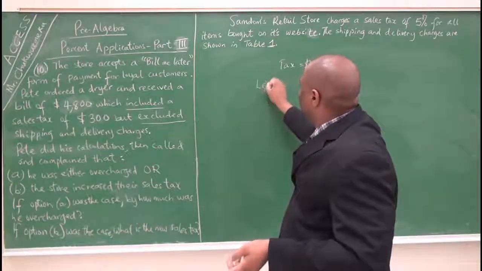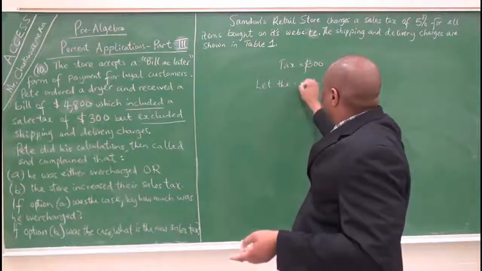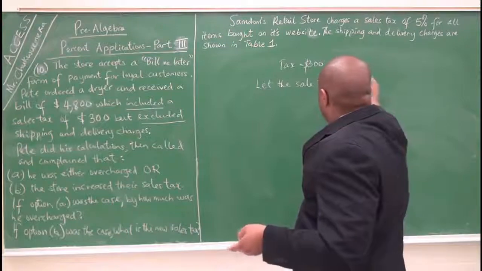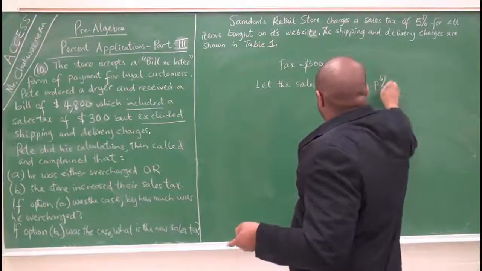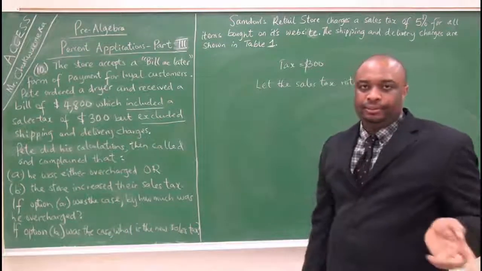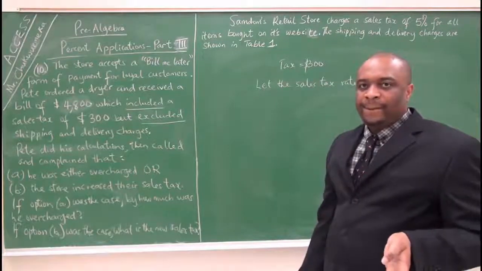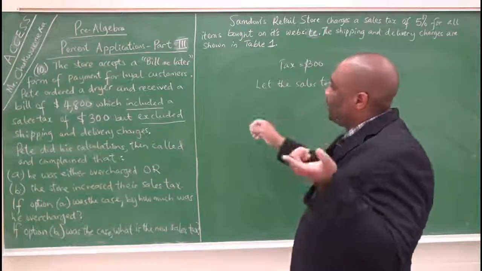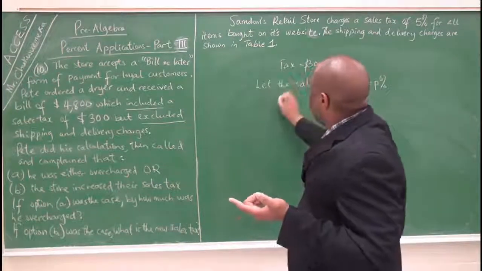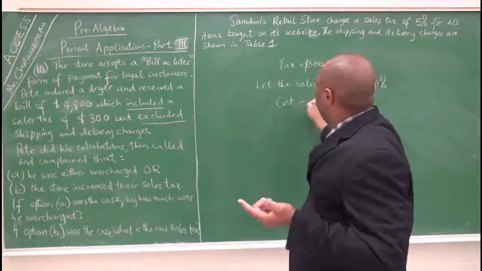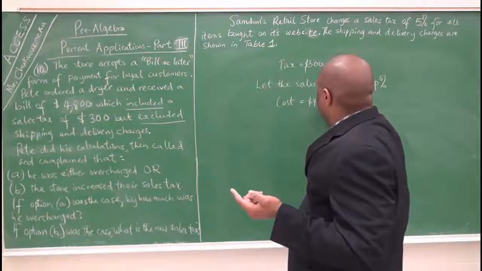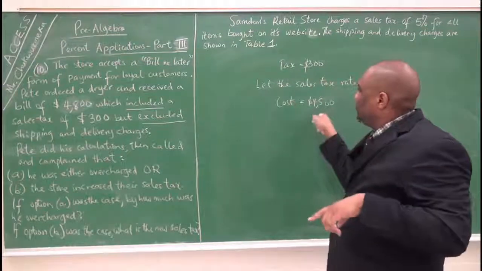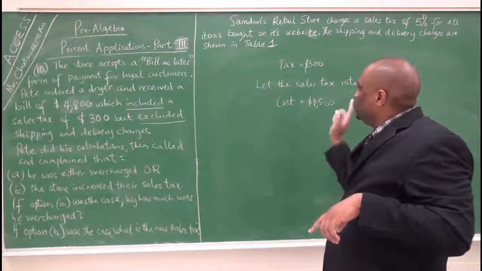So we just say let the sales tax rate be P%, because we don't know it. Now remember the cost. What did we have as the cost? The cost we had was 4,500. So P% of this 4,500 should give us 300.